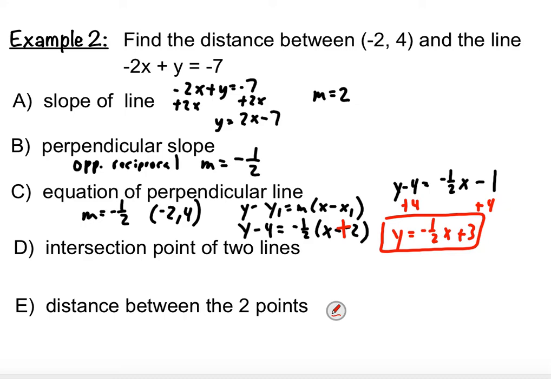So now we're supposed to find the intersection point between that line and the given line. So we actually rewrote it there in letter A. Take those two equations and set them equal to each other, so you won't have any y's in them anymore. So now bring your x's on the same side, so let's add 1/2 x to both sides.